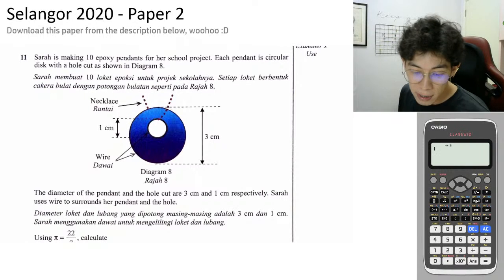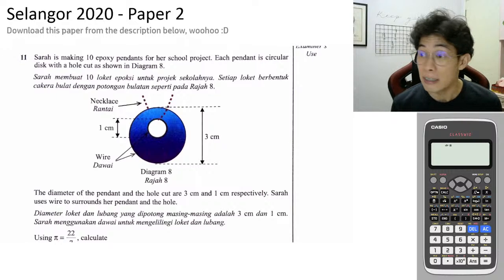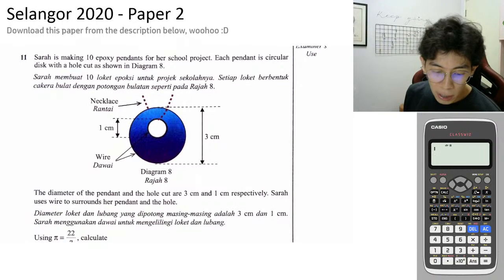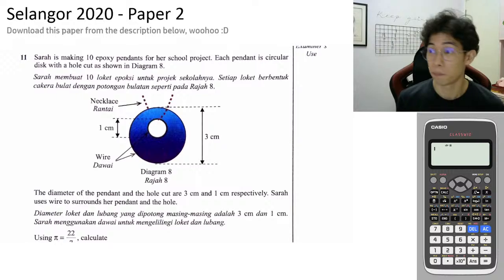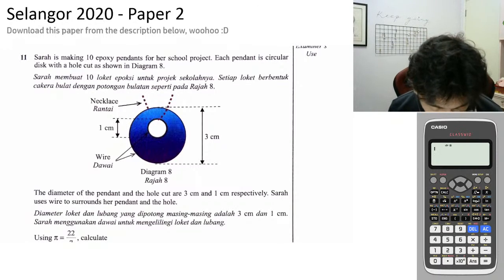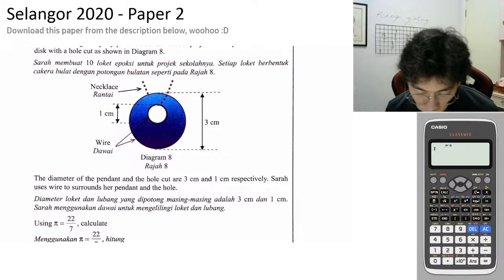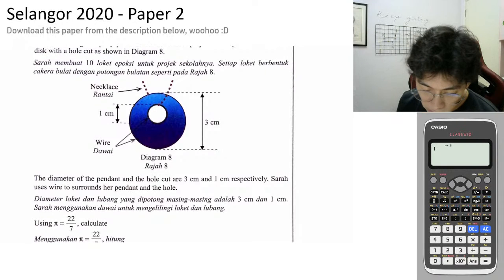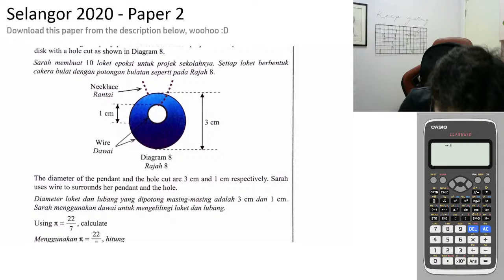Each pendant is a circular disc with a hole cut as shown in diagram 8. The diameter of the pendant and the hole cut is 3 cm and 1 cm. You can see that, very obvious.